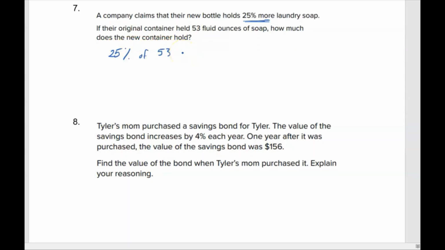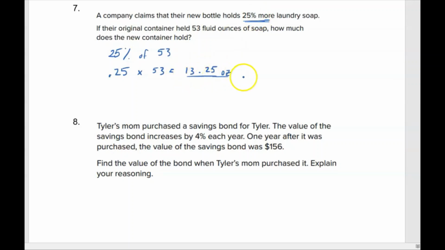Okay, remember, if I were to punch this in my calculator, a couple reminders: to change 25% to a decimal, move it 2 spots to the left. Of in math means multiply. So when I take 0.25 and multiply that by 53, I end up with 13.25. And again, that means 25% more is 13.25 ounces.